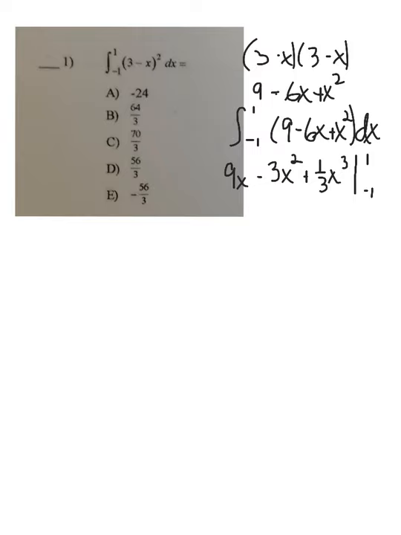So I'm going to open a set of parentheses, and I'm going to do 9 times 1, which is 9, minus 3 times 1 squared, which I know is 3, plus 1/3 times 1 cubed. Well, I know 1 cubed is 1, so that would just be 1/3.